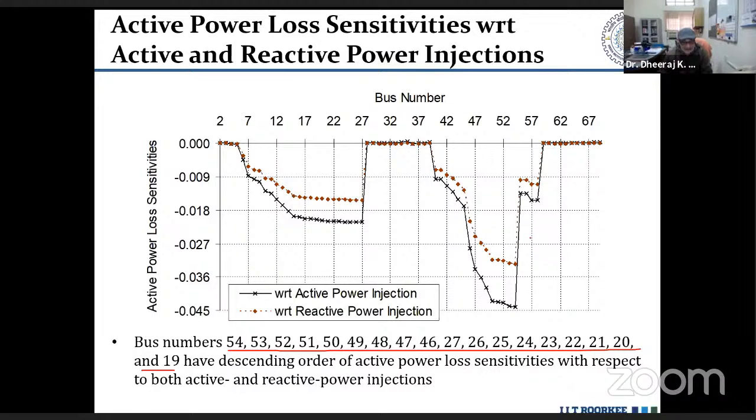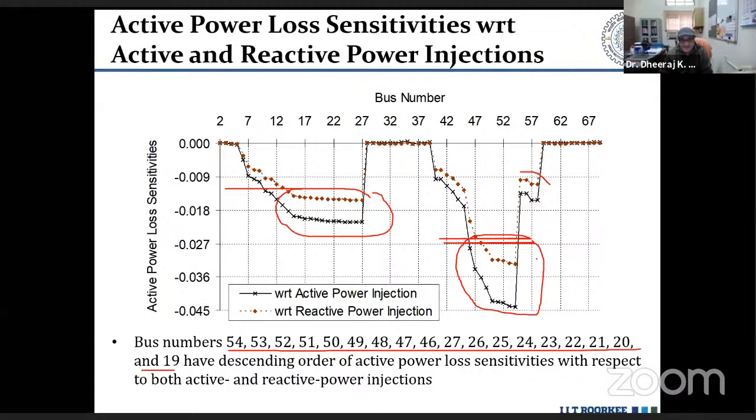If we install DG at these buses, there will be more power loss saving. Like here also we can see that in this range we have some suitable buses, then we can have this range also, and something here, but we have taken hardly 20 buses.